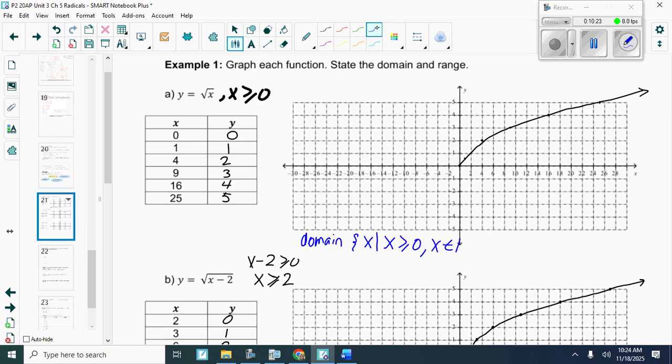Beyond that, x belongs to real numbers. So there is a restriction in the domain. Is there a restriction in y? Can y be negative? No. So there is a restriction in the range as well. y such that y is greater than or equal to 0.